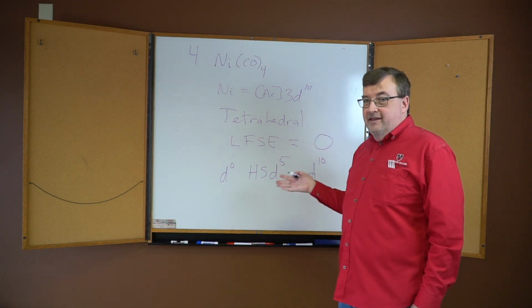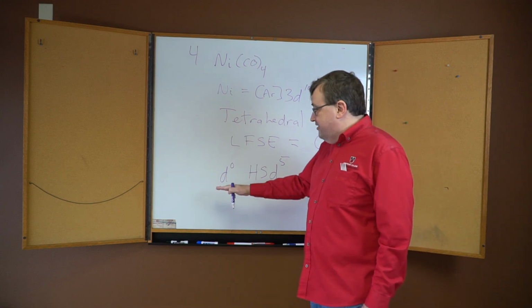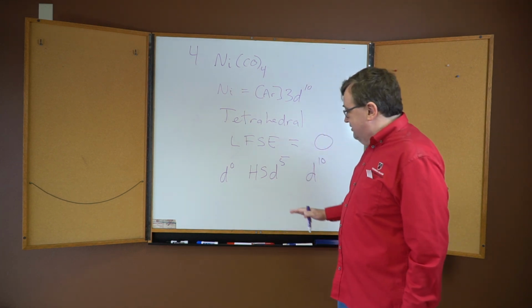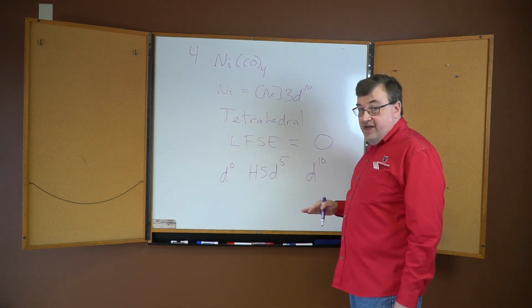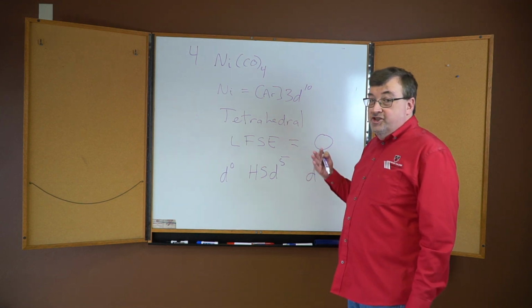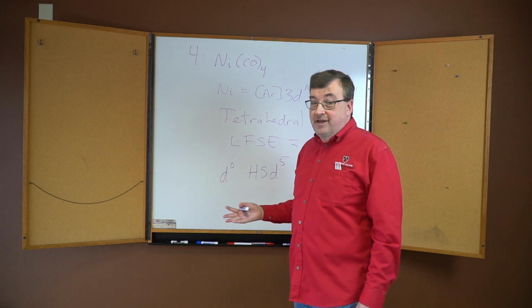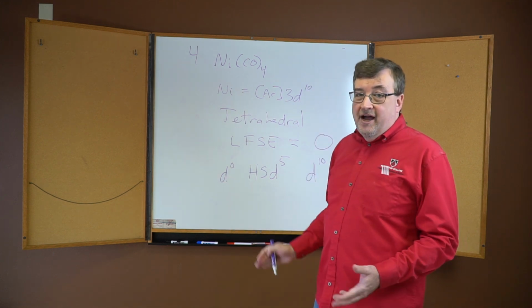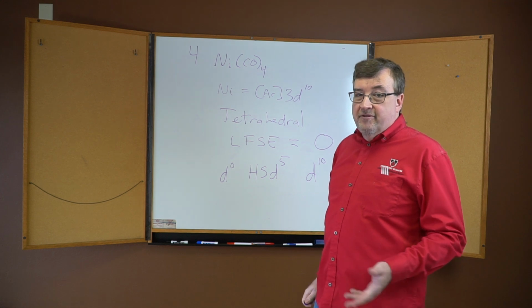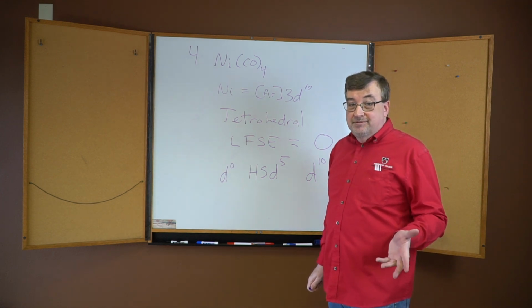If you don't have any ligand field stabilization energy, and you get that in cases of D0, high spin D5, and D10, the shape of your compound, or the geometry, will do what's advantageous based on valence shell electron pair repulsion. So it acts just like a main group.